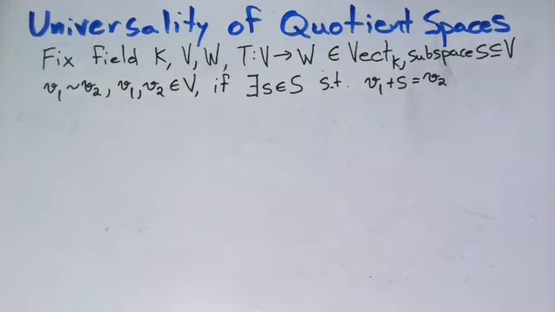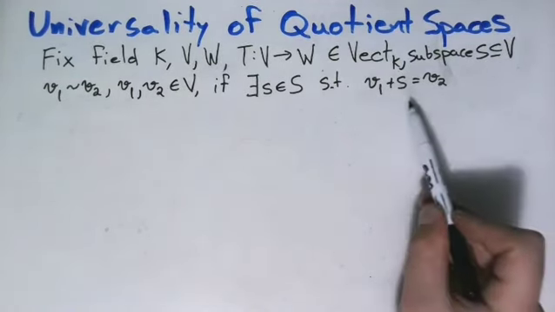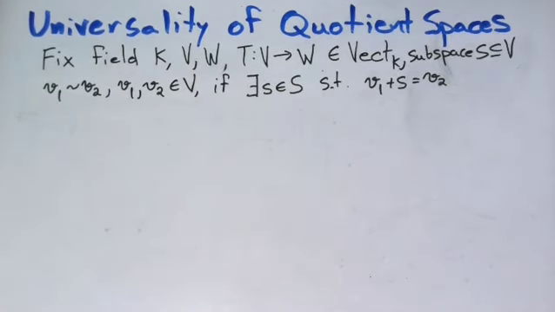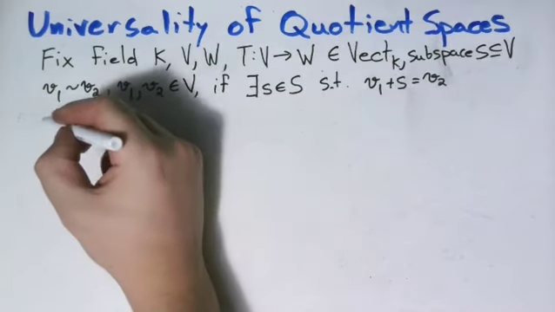So if there's some vector in S that I can add to v1 to get me to v2, then we have that v1 and v2 are related by tilde in V. It turns out that tilde is actually an equivalence relation on V.